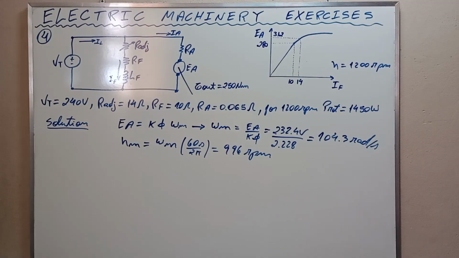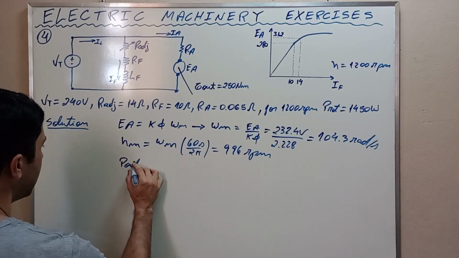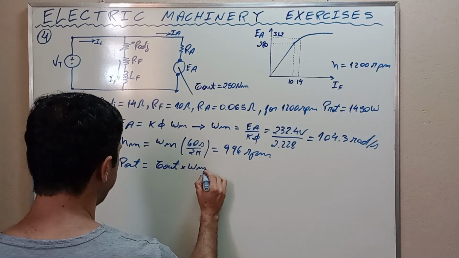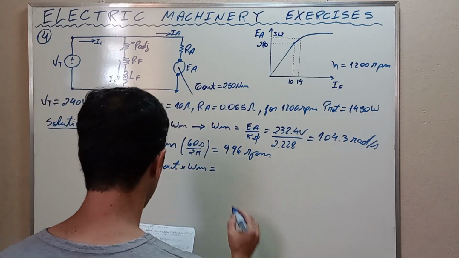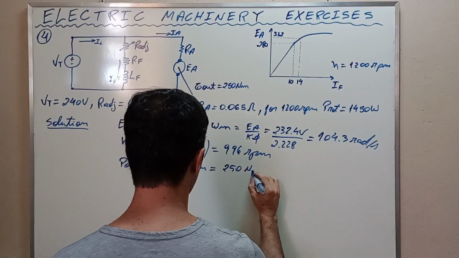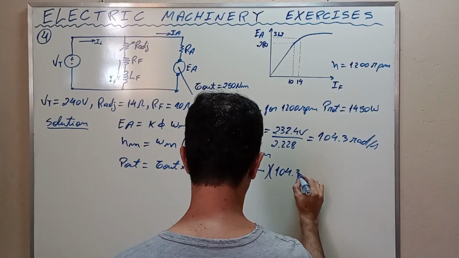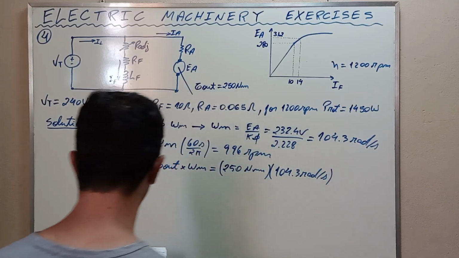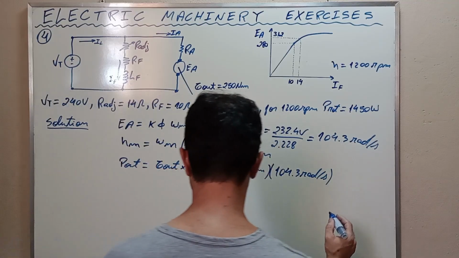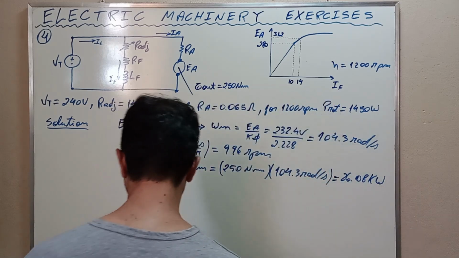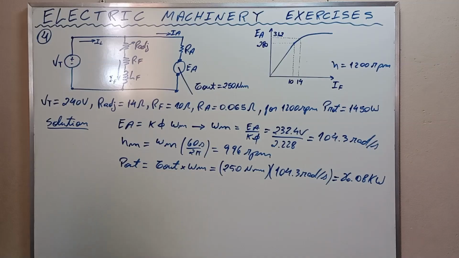The output power can be calculated as the output torque times the output velocity, the velocity of the shaft, which is 250 Newton meters times 104.3 radians per second, and the output power is equal to 26.08 kilowatts.